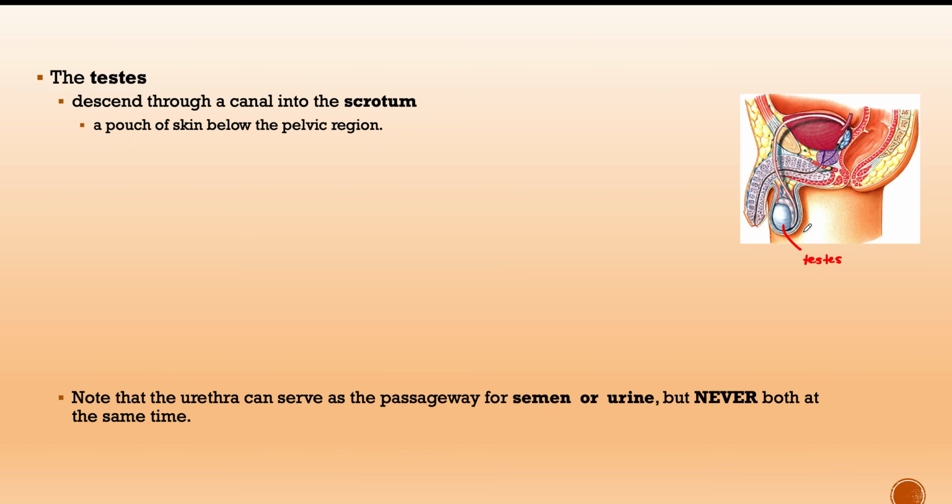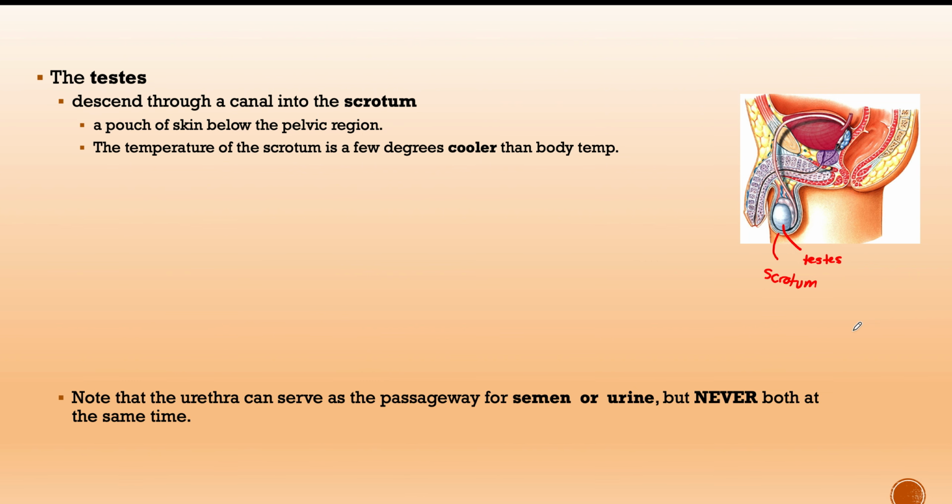The scrotum itself, this guy down here, is the pouch of skin that holds both testes below the pelvic region, and the purpose of that is to externalize them, to keep them outside of the body. And why do we want them outside of the body where they can be easily damaged? Well, that is because the temperature of the scrotum is a few degrees cooler than body temperature.